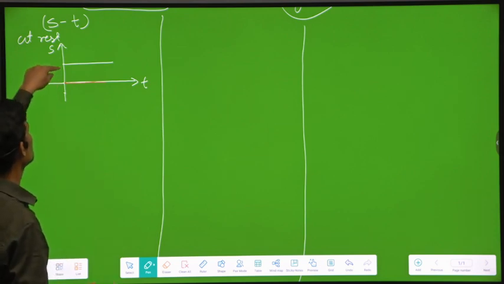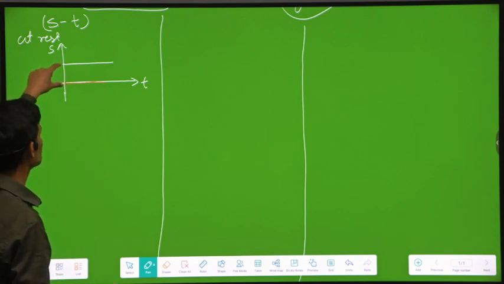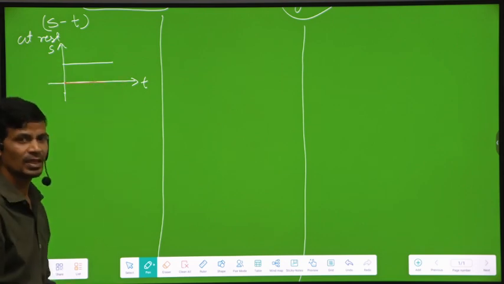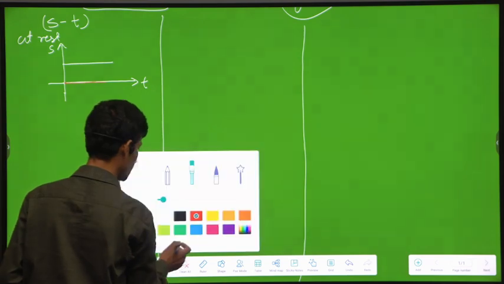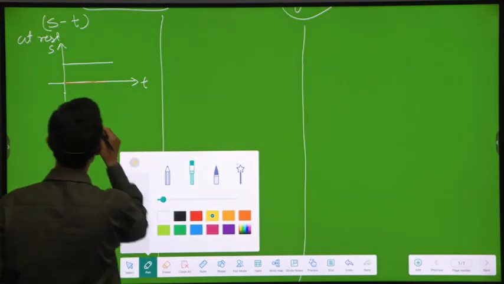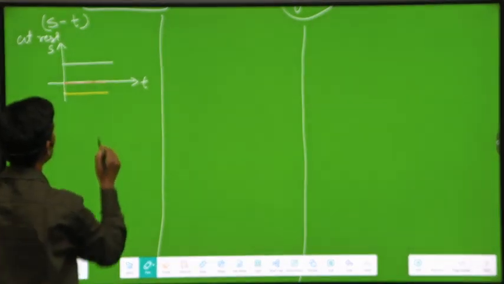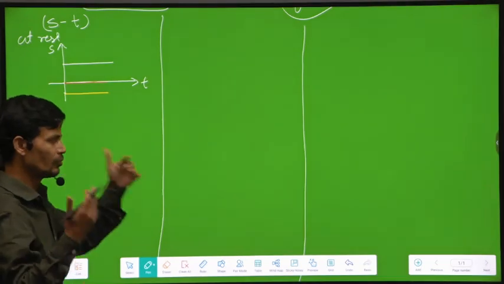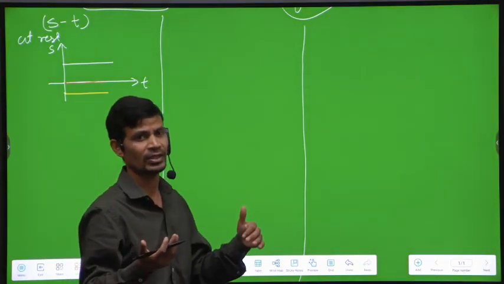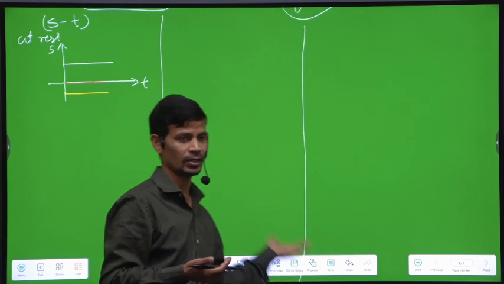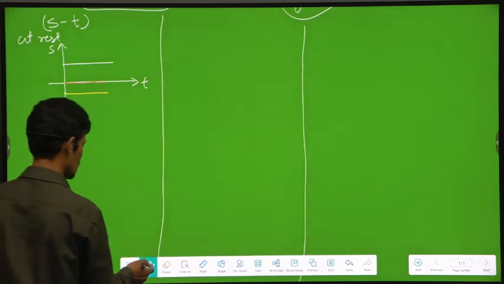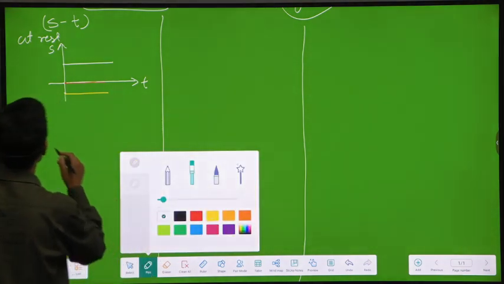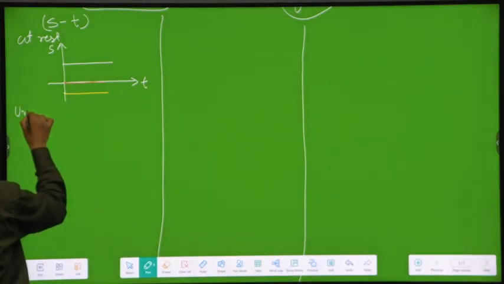And if it already has some separation from the reference point, then its graph will be this at the stationary position only, rest position only. And third case, if with respect to our reference point it is in the negative direction, then this will be its graph.